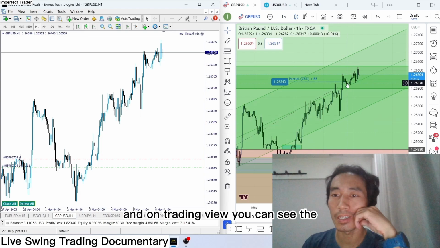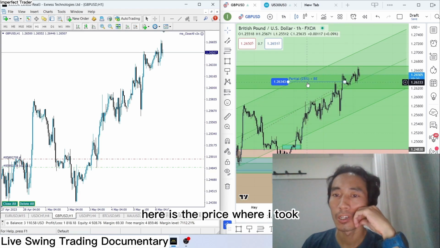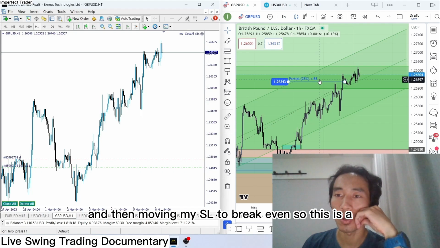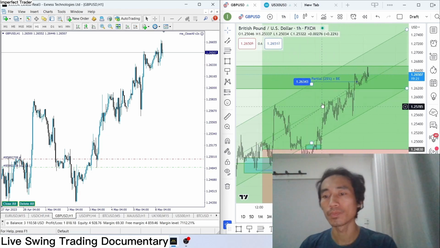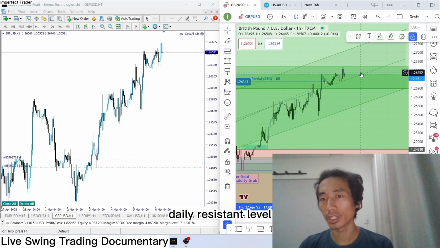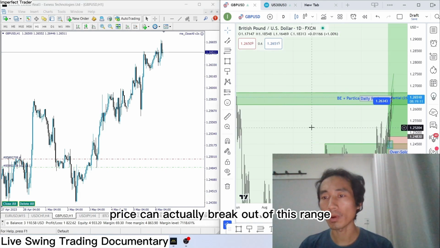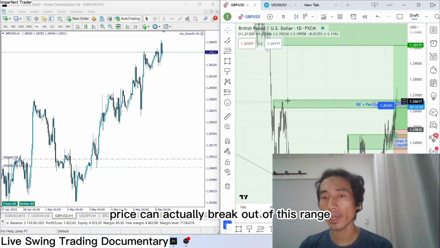On TradingView you can see here is the price where I took 25% of my trade off and then moved my stop loss to break even. So that is the daily resistance level, and I am waiting to see if today or tomorrow price can actually break out of this range.